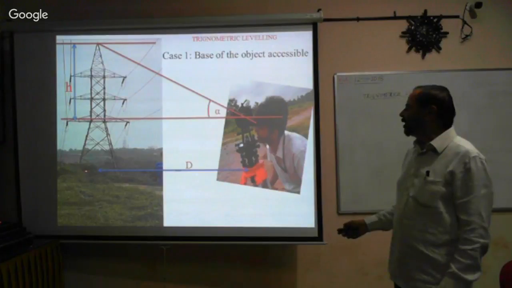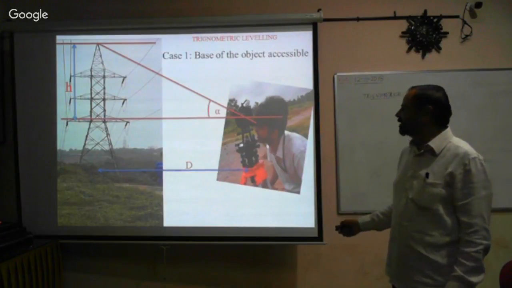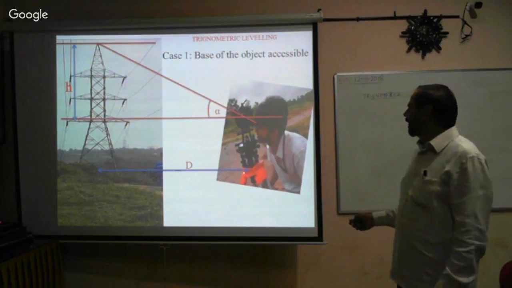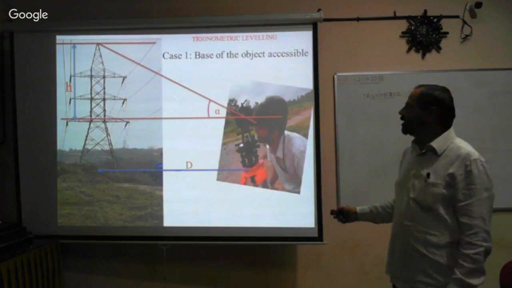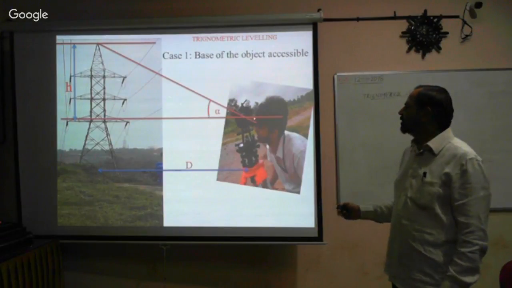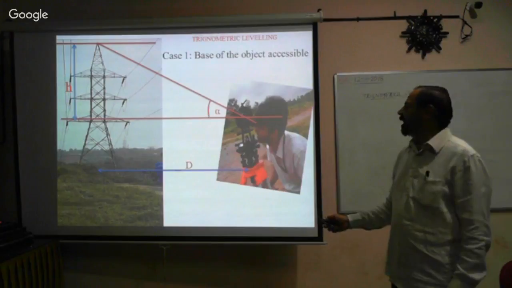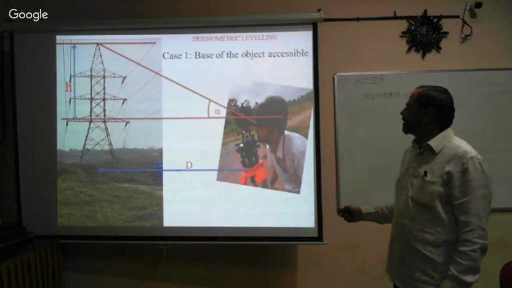Okay, now the first case: the base of the object is accessible. It is a simple method. First install the instrument, measure the horizontal distance from the instrument station to the object using chain or tape, then take a backsight on the benchmark, then measure the vertical angle. Our problem is solved. Calculate the height using this triangle: H is equal to d tan alpha, where alpha is the measured vertical angle from the instrument station.